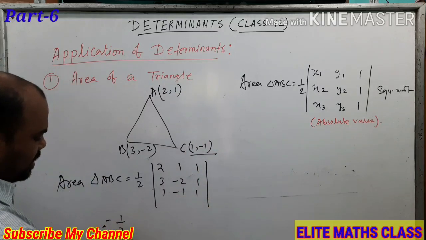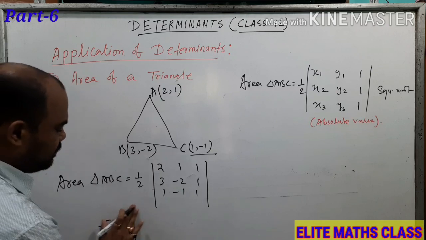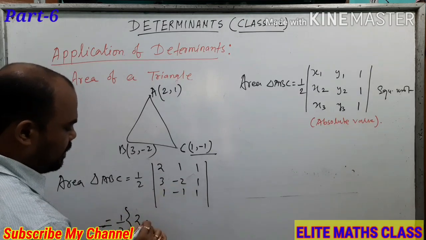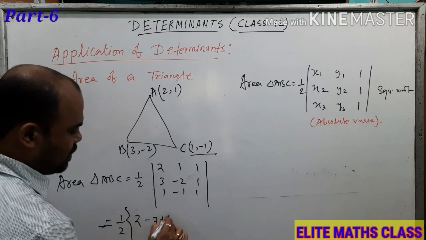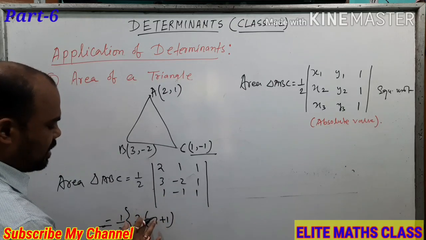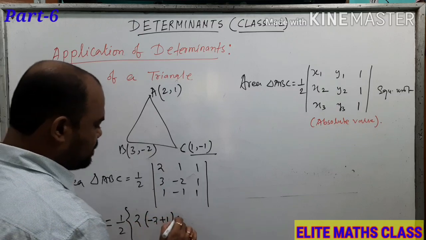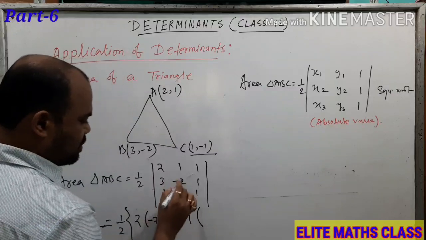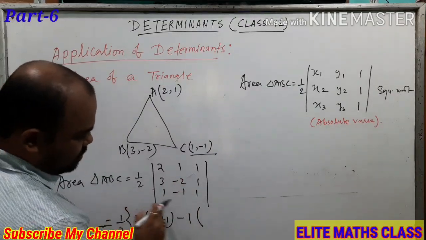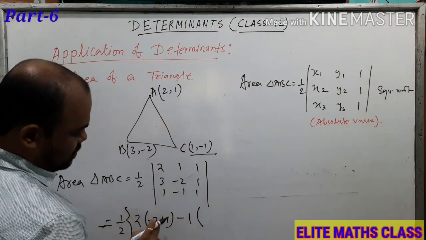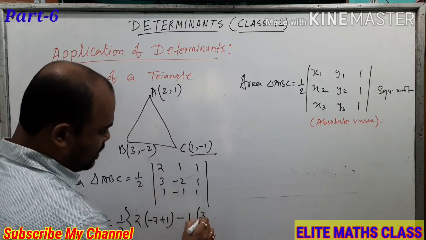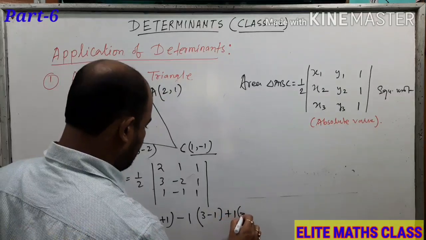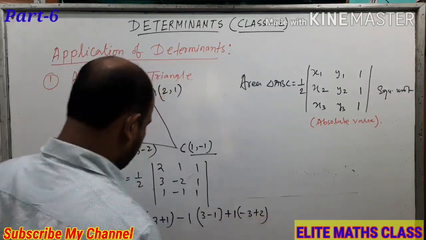Now expand this, half will be there. 2 into (minus 2 plus 1). The method for expanding a determinant was already discussed in my previous video. So if you are new to this, you first go through the videos, links in the description box. Minus 1 into (3 minus 1), plus 1 into (minus 3 plus 2).